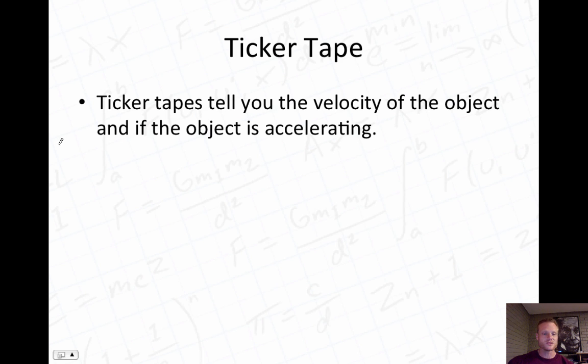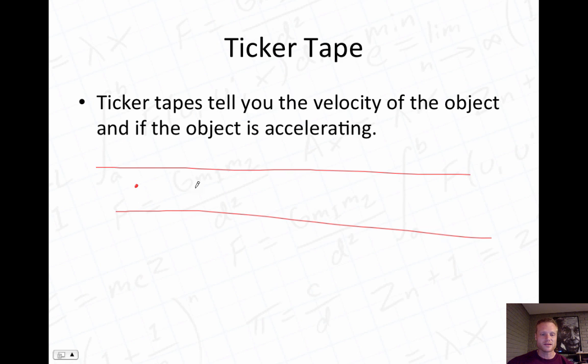So let's do an example of this. Here is a ticker tape diagram, and here's some dots. And I guess we could say, hey, this thing is moving relatively fast because the dots are pretty far apart. Okay, so it has a fast velocity. Okay, it's moving pretty quickly. Now, is the object accelerating?